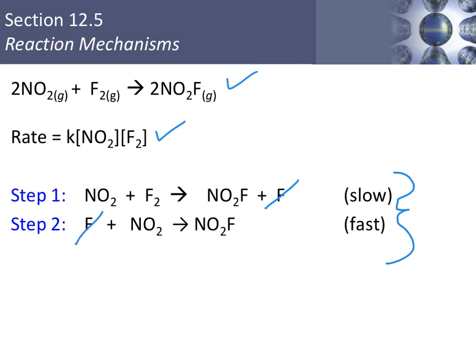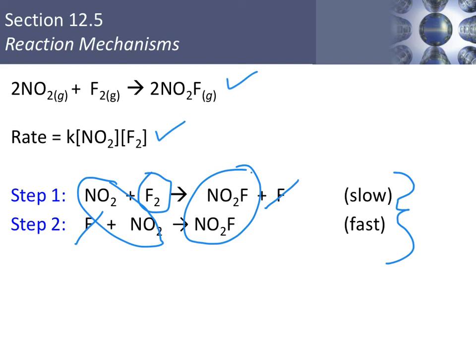And then everything that's left is in the overall balanced chemical equation. We've got two NO2 molecules, a fluorine molecule, and then two of these NO2F molecules. So this mechanism does meet the criteria of when you add the steps together, you get the overall balanced chemical equation.